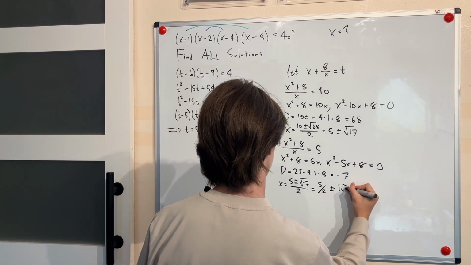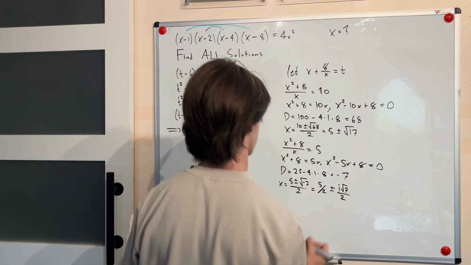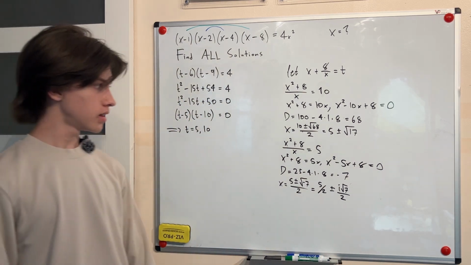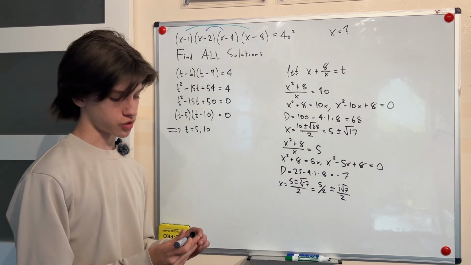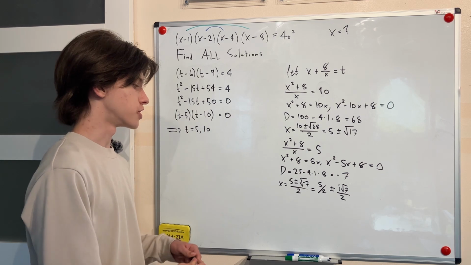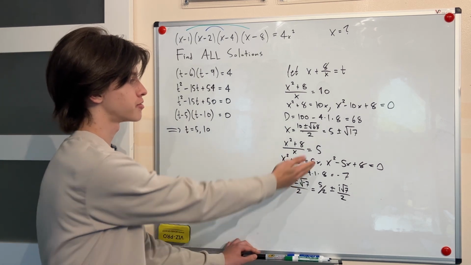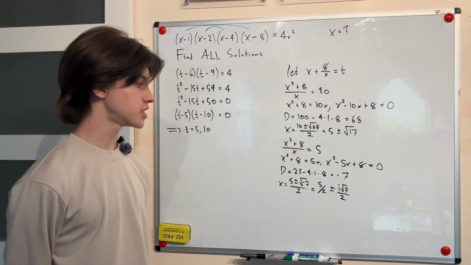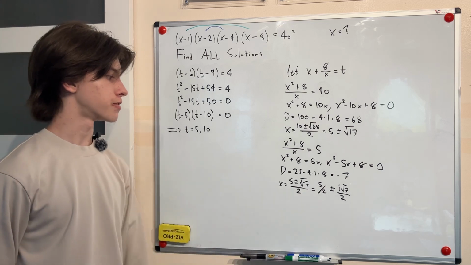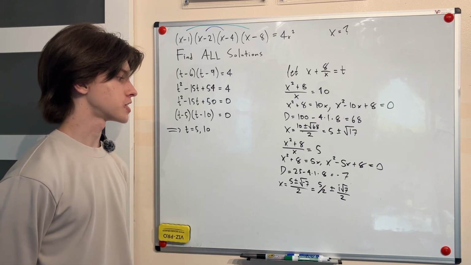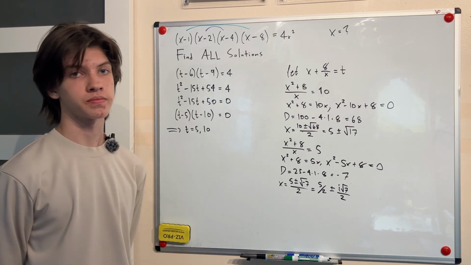So i root 7 over 2. And those are going to be our 4 solutions to this polynomial equation. First, the real ones are going to be 5 plus or minus root of 17. And for the complex ones, 5/2 plus or minus i root 7 over 2.